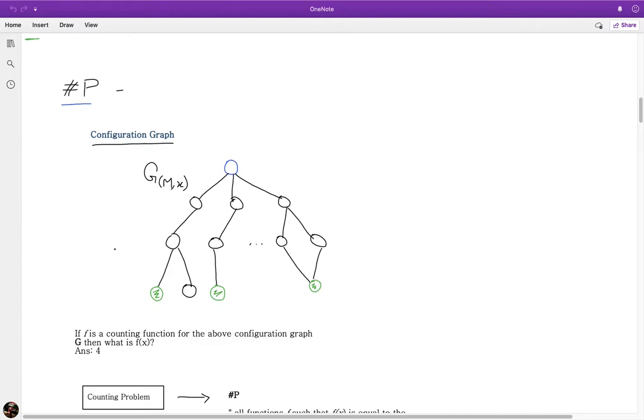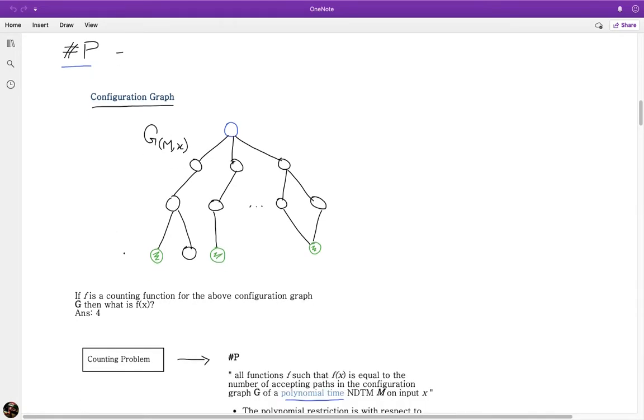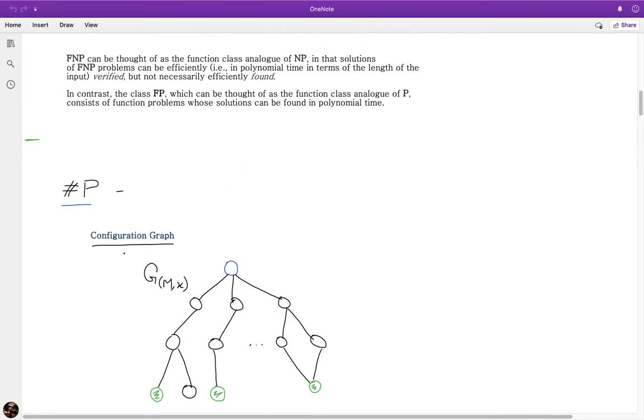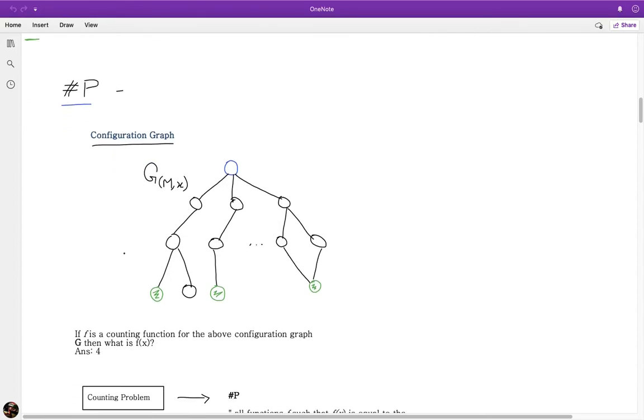Before we begin doing that, let us first rewind and recall something that we have already studied in the course, which is called a configuration graph. Let us recall this because it is needed in order to define this, and we'll use it later as well.